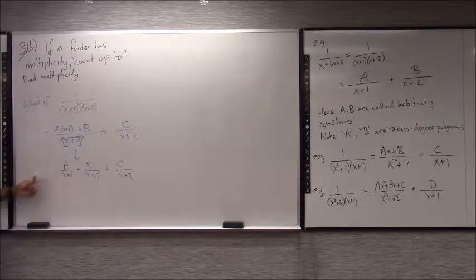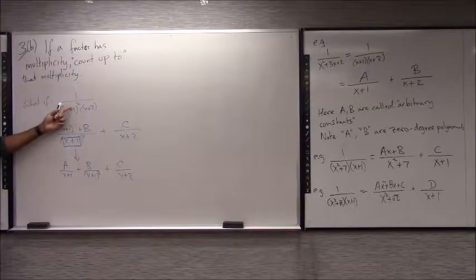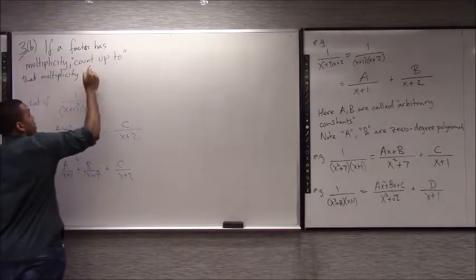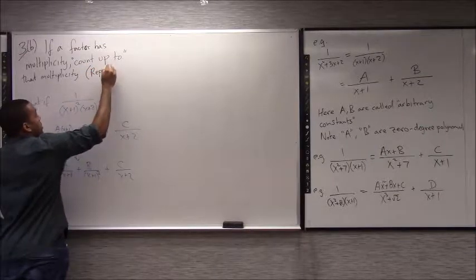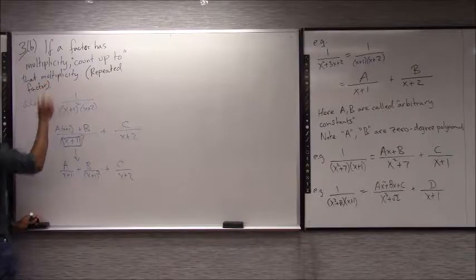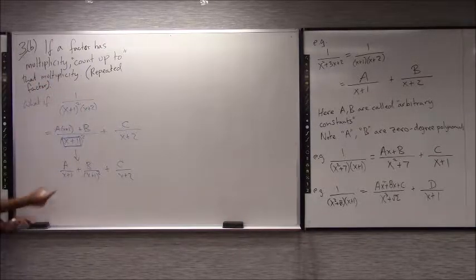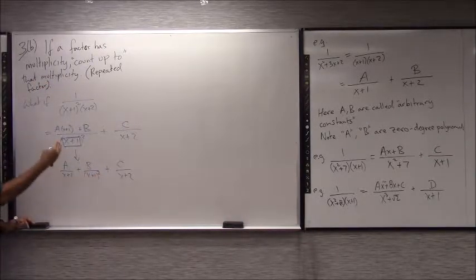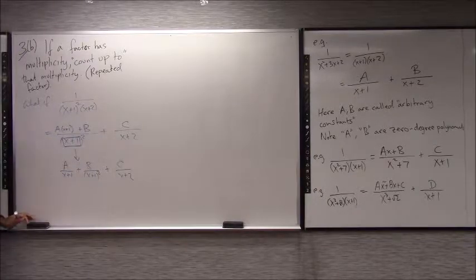So you'll notice what happens in the case of a repeated factor, right? So this guy, I might refer to it as repeated factors. In the case of the repeated factor, I just keep copying that denominator, and I'm going to literally count up to the multiplicity.